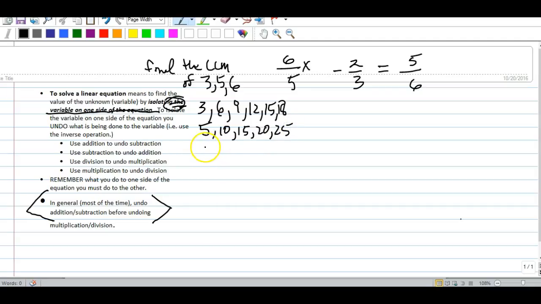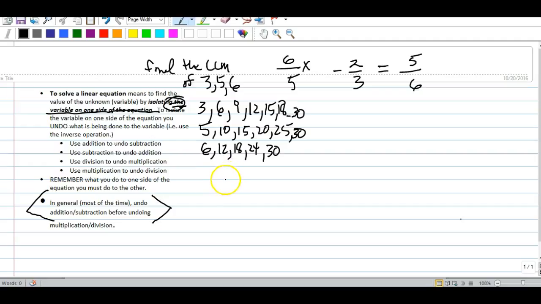Multiples of 6 would be 6, 12, 18, 24, 30. So I haven't really gone far enough. I'd have 30 here, and eventually I would have 30 here. So 30 is the LCM.